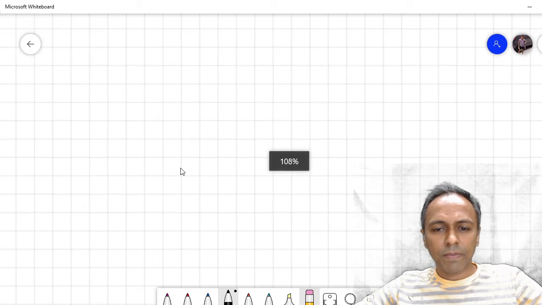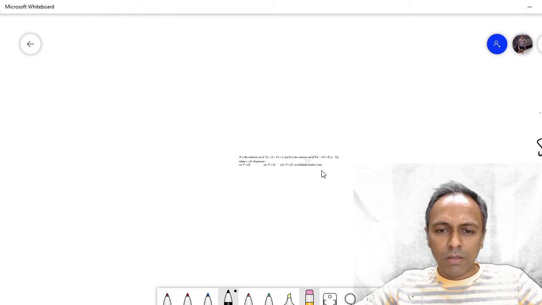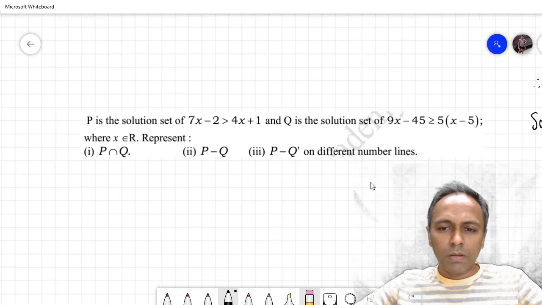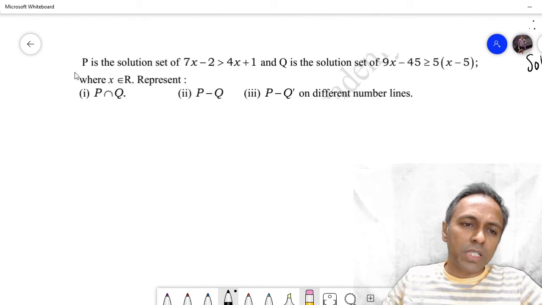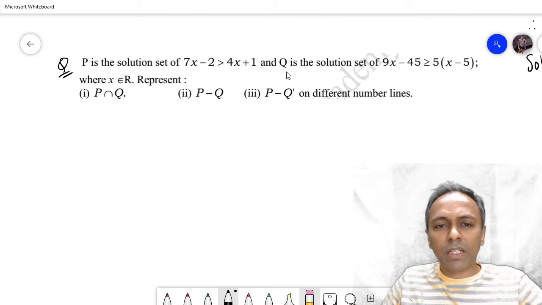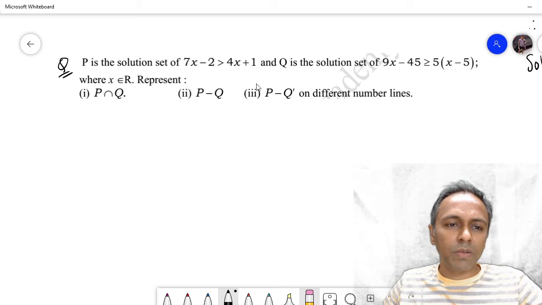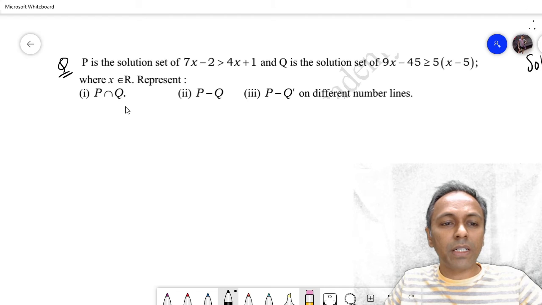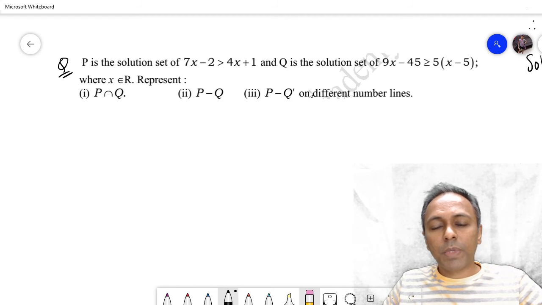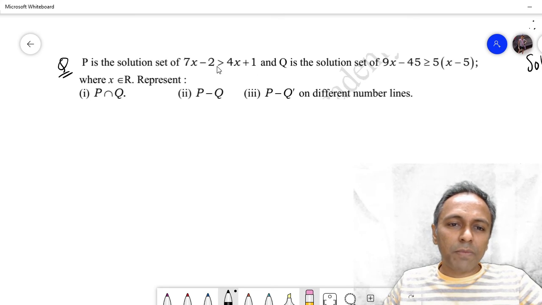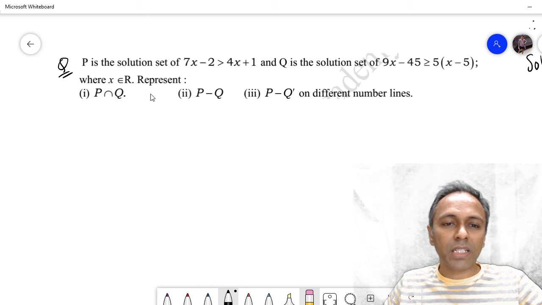Say the question is, P is the solution set of 7x minus 2 greater than 4x plus 1, and Q is the solution set of this inequation where x belongs to R. Represent P intersection Q, P minus Q, complement, on different number lines. Here you are seeing the emphasis is not more on the difficulty of this inequation, it is more on whether the child can get the intersection rightly or not.